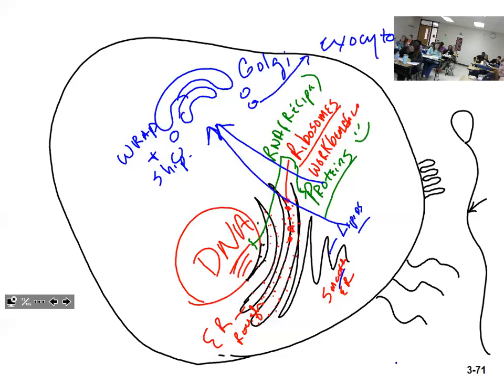This is sounding like work. Is it sounding like work? And that's okay that it's sounding like work, because throughout we have these organelles that are called the powerhouses of the cell. What is being produced here?